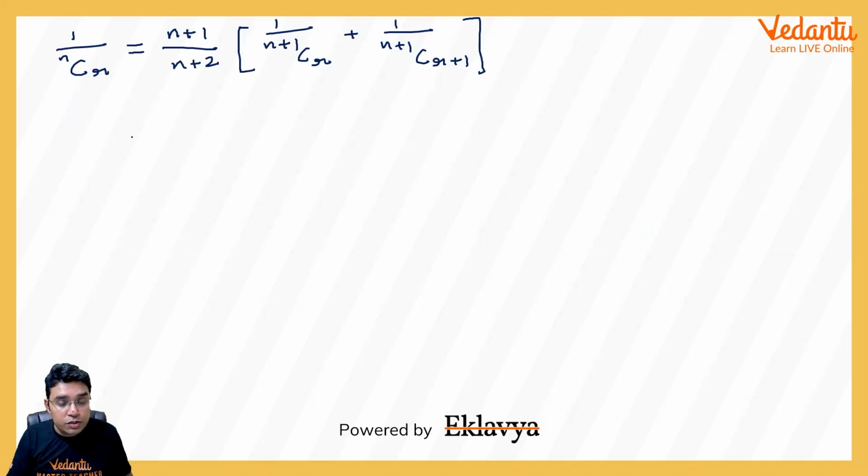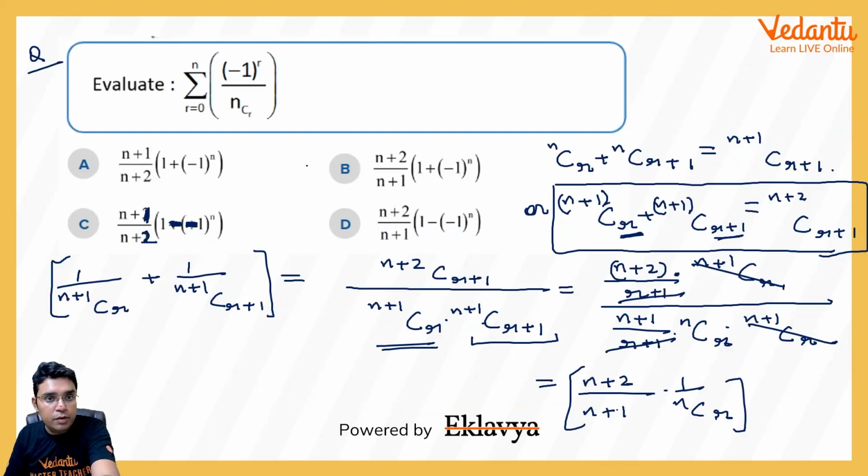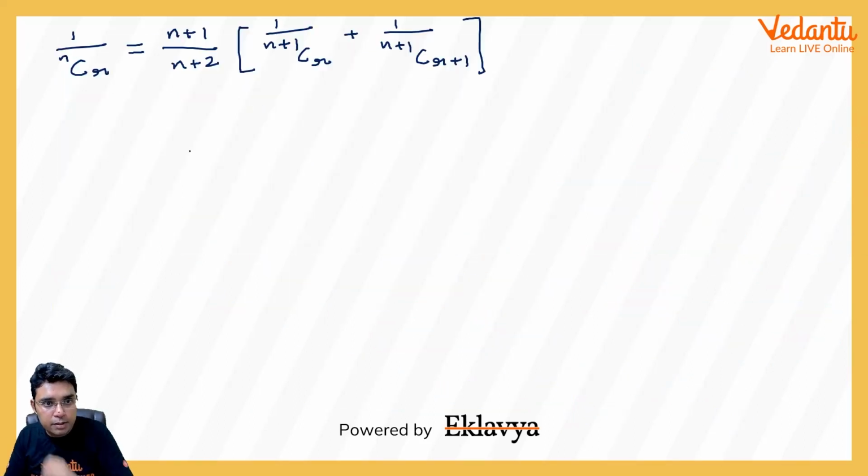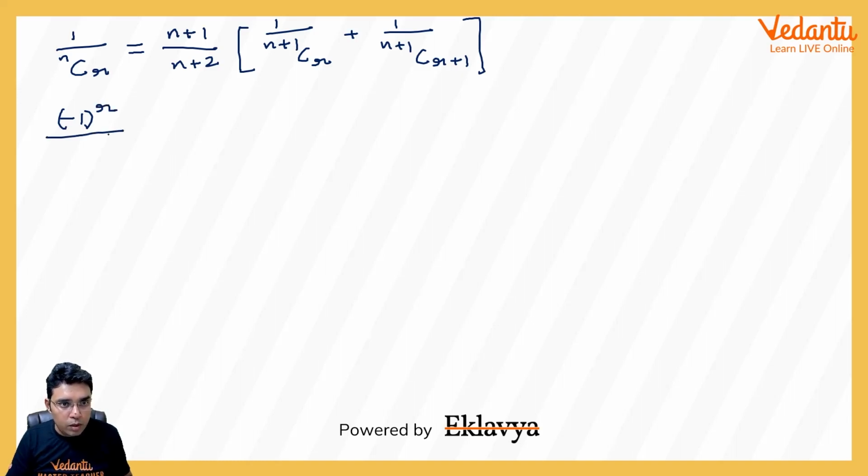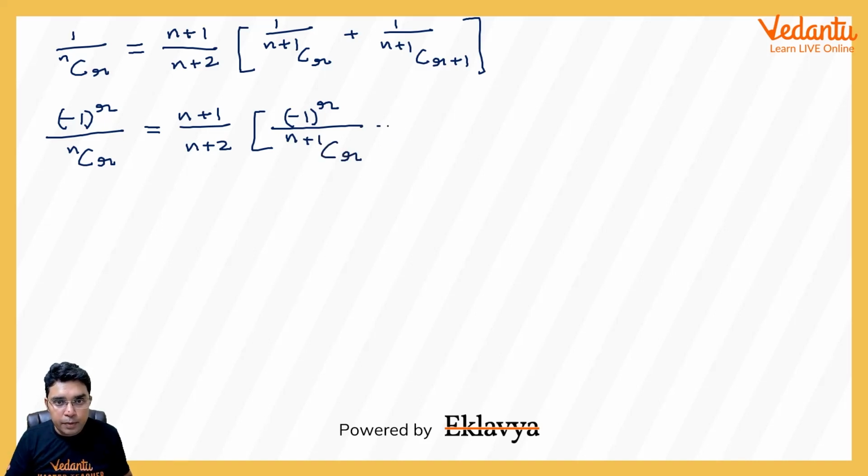Now, what is our question? Our question is summation of minus 1 power r upon this thing. So minus 1 raised to the power r upon nCr is equal to, we can write this as n+1 upon n+2, and here I can write this as minus 1 raised to the power r upon n+1Cr plus minus 1 raised to the power r upon n+1Cr+1.